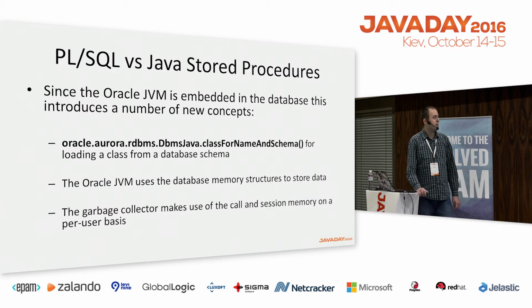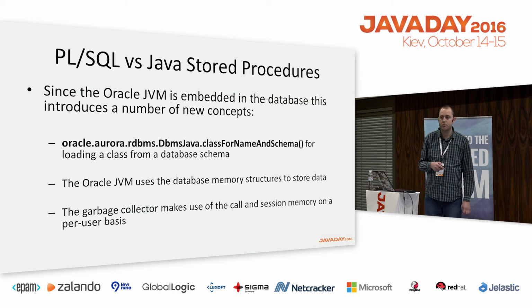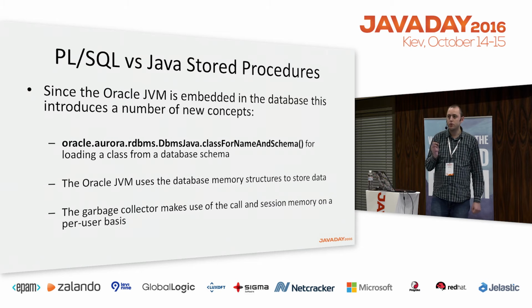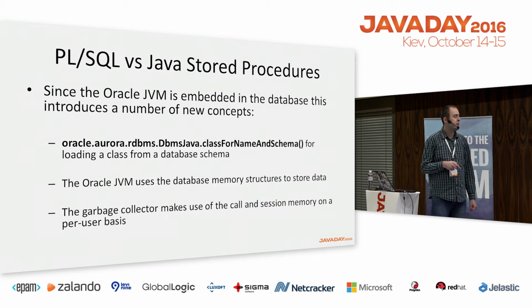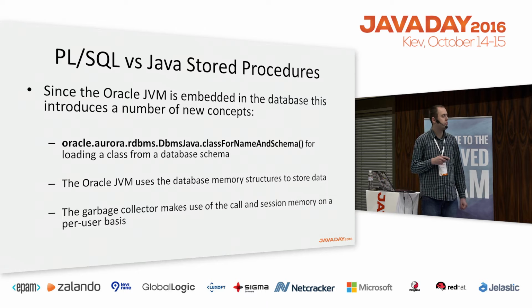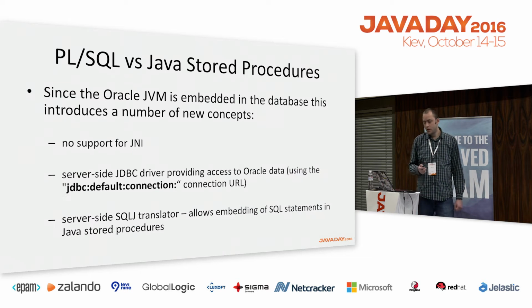There are also some customizations made to the garbage collection process. As you can imagine, in order to make it more effective for a single user, the garbage collection makes use of the same memory that is being used by the Oracle database to provide storage for Java stored procedures. Another thing is there is no support for JNDI.